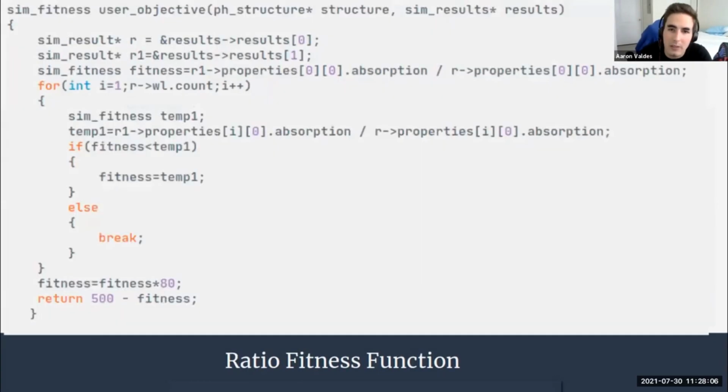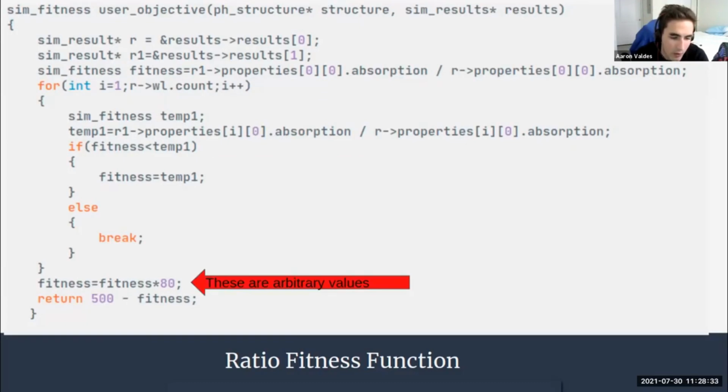This fitness function is similar to the previous one, except that we're looking for the ratio of absorption. More specifically, we're looking for the maximum ratio of absorption of crystalline over the absorption of amorphous across all wavelengths. Here I'm going to describe the fitness function, which is basically we iterate through all the wavelengths, then use a comparison to get the maximum, and finally we are using arbitrary values to be able to maximize our results.